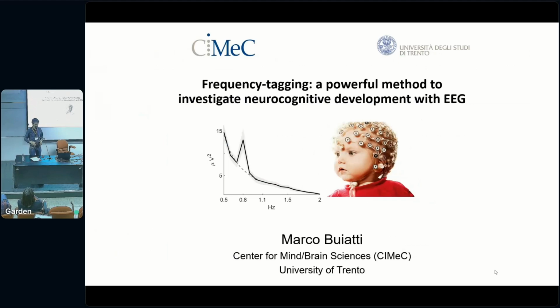So I will go faster on some things, and you already have all of this in mind. I also must say that we are pretty in line in the approach that we have: how do we use the methods, and what are the most important challenges to face with developmental EEG? Contrary to Judith, I will really focus on the methods, rather than on the content of the studies that I will present.